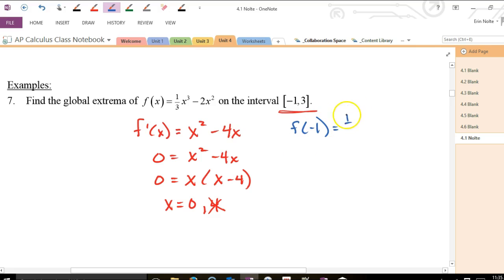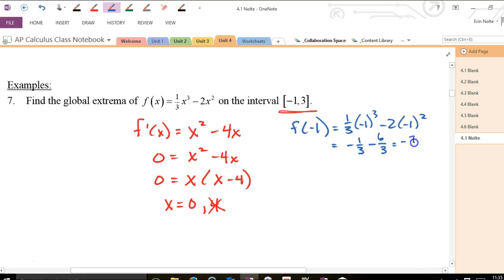If I plug that in, let's see, -1 cubed minus 2 times -1 squared. Negative 1 cubed is negative 1, so that gives us negative 1/3. And then that would be minus 2. I'm going to put that in terms of thirds really fast. 2 is the same as 6/3.